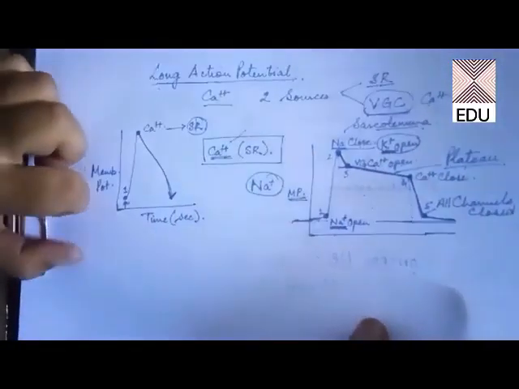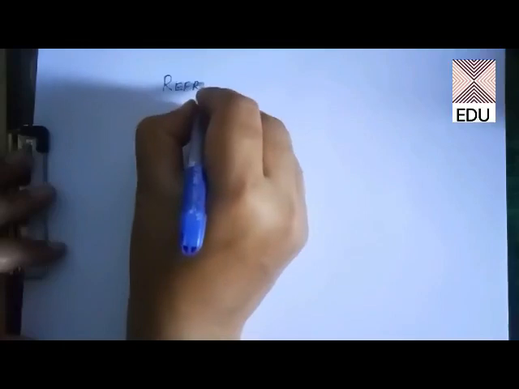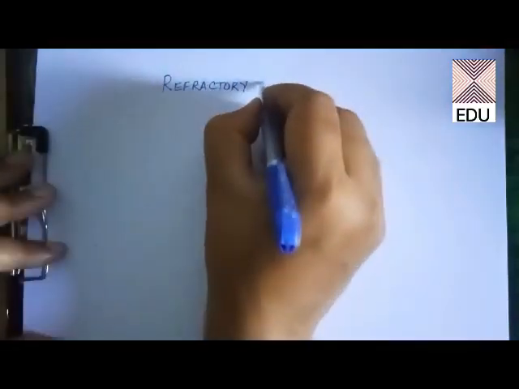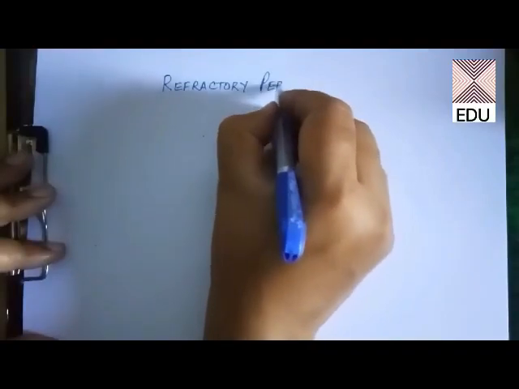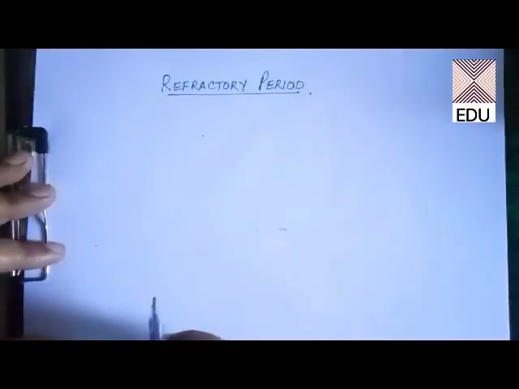Now the next concept in cardiac muscles is the refractory period. It's again a very important part, and you may get a question on refractory period in cardiac muscles.